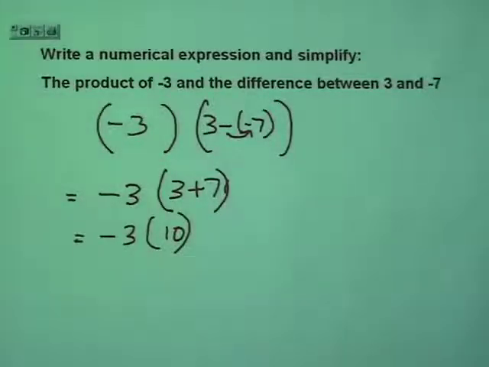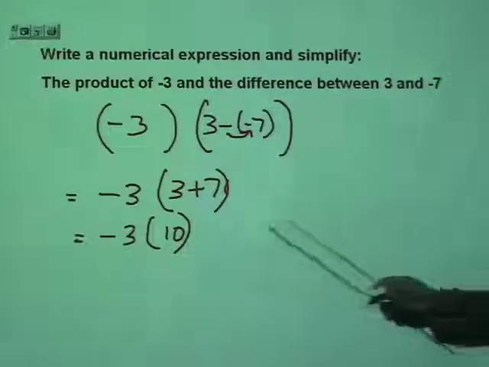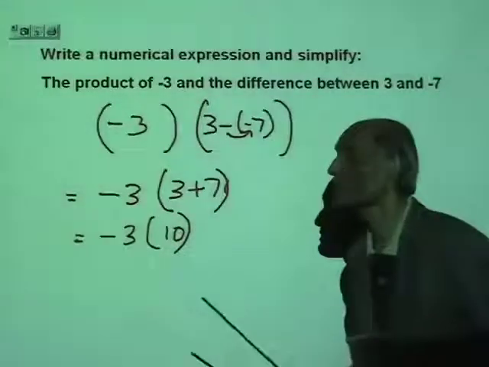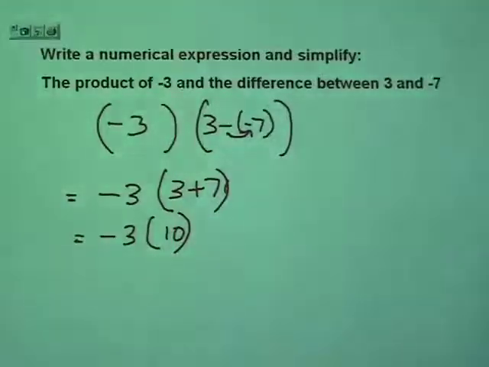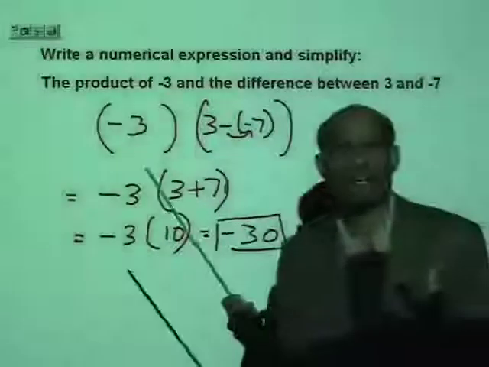And what is -3 times 10? And -3 times 10 is -30. Is that right? Yes. So that will be -30. Now, you must be able to do problems like this by talking about it.